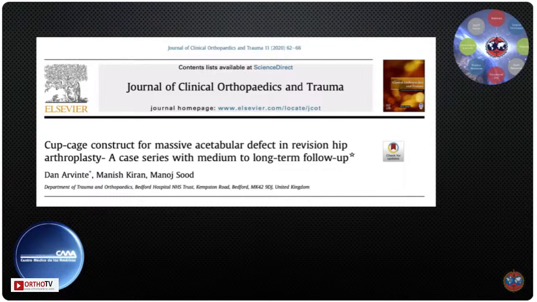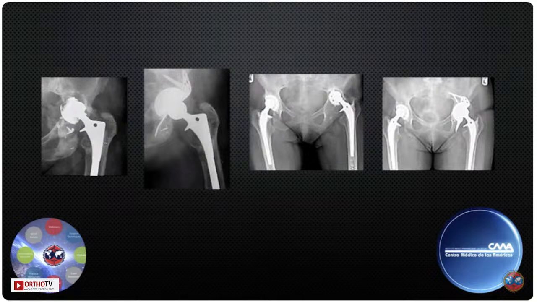In this revision article, we can see these examples of the evolution in each case that they show. For example, case 1, and they use the cup cage with a reinforcement ring.